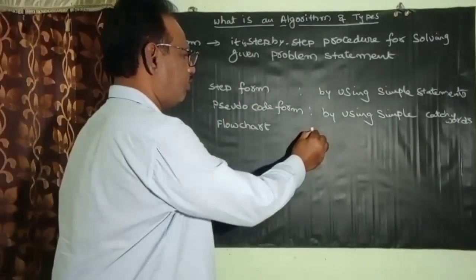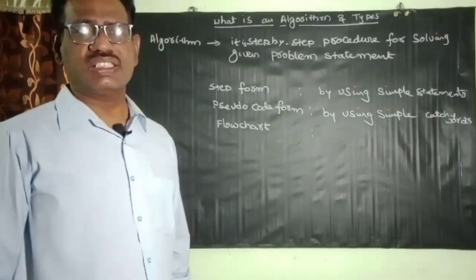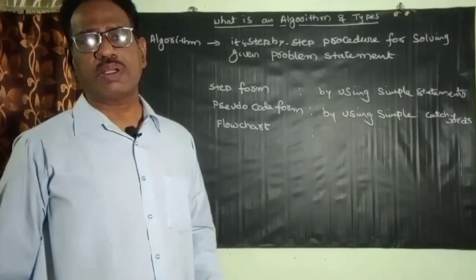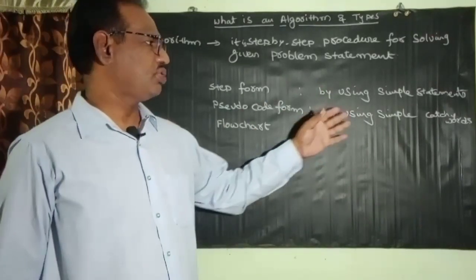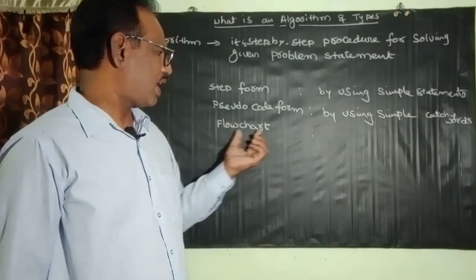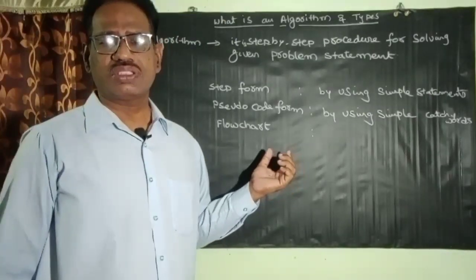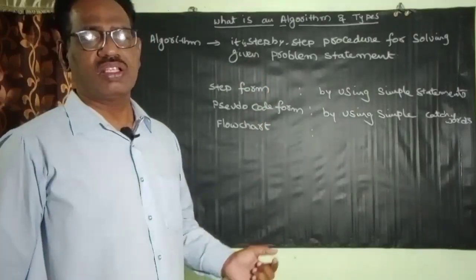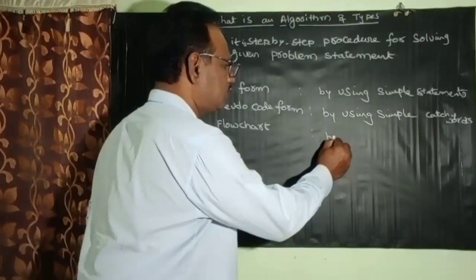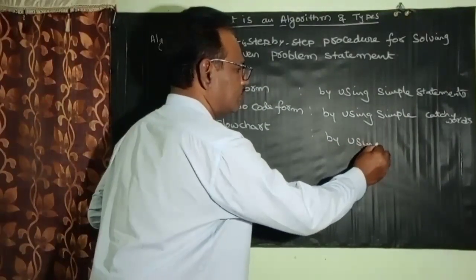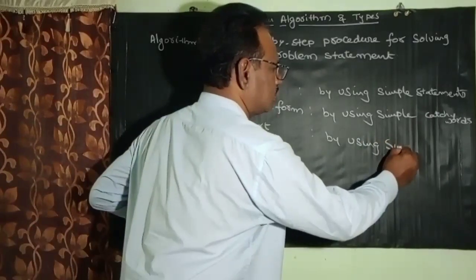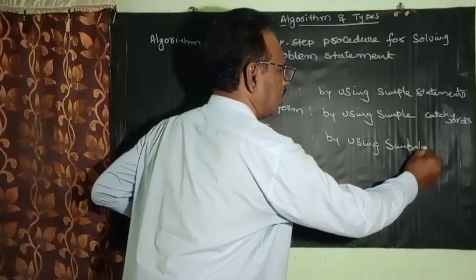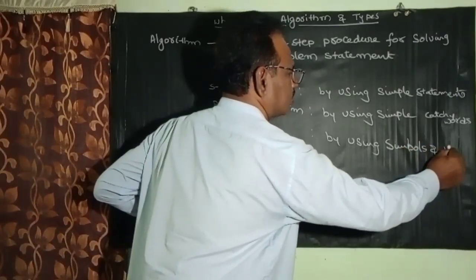And what is meant by flowchart? Flowchart is the same thing. Instead of just writing in the form of statements, or just using simple catchy words, we are going to write the flowchart. Flowchart means it's a graphical representation of the algorithm. So this is the graph made by using symbols and direction marks.